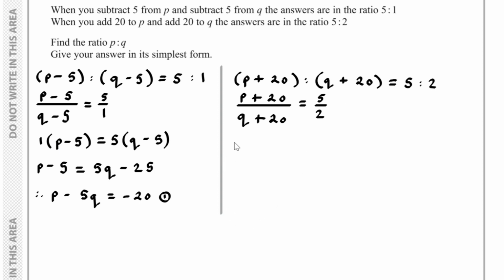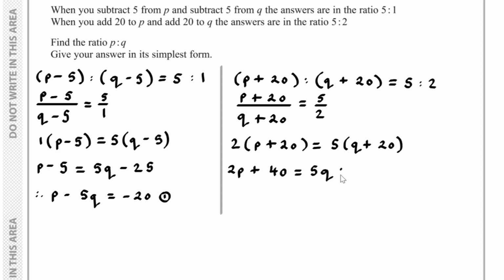And so if we cross multiply, we have 2 times p plus 20 equals 5 times q plus 20. So we have 2p plus 40 equals 5q plus 100, in which case we can conclude 2p minus 5q equals 60. We'll call this equation 2.